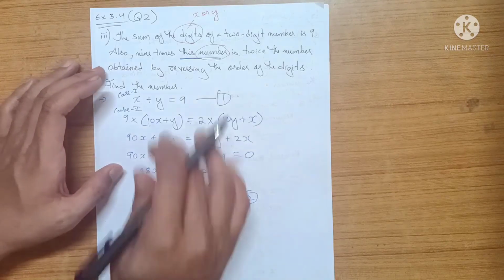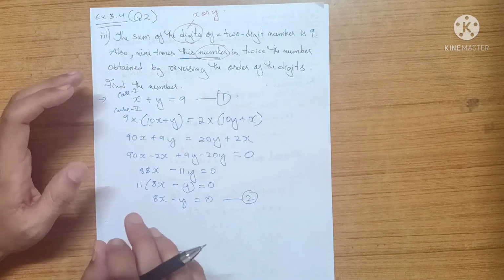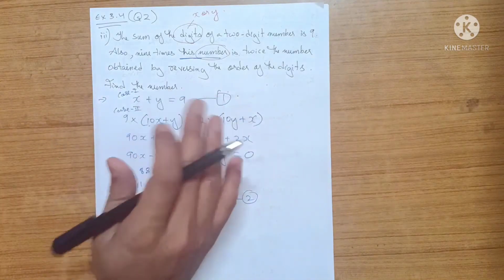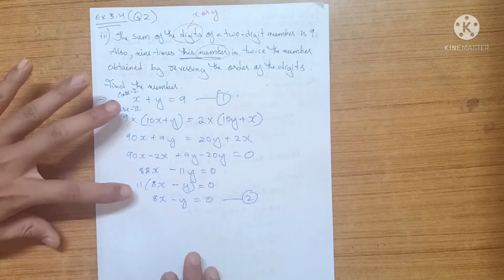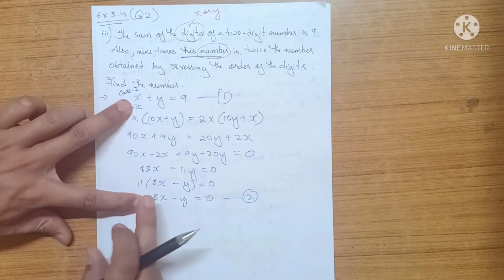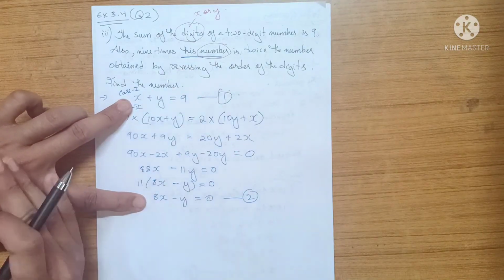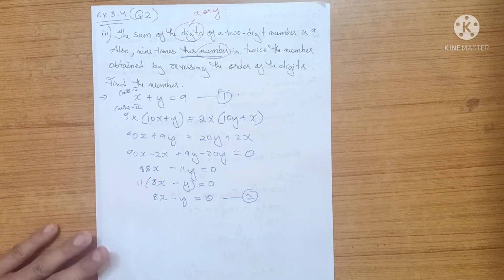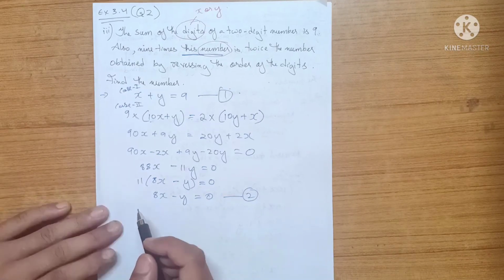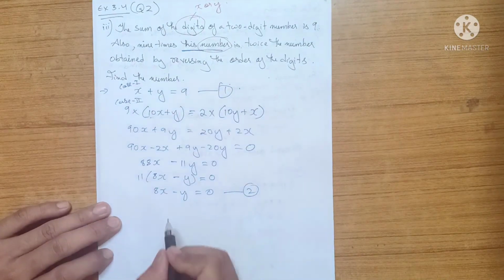You can add also. But the priority is that at least one variable should cancel out. So even if you add or subtract, if x and x are cancelling each other, then you're doing the right thing. But after adding or subtracting, if you're getting both x and y, then you're doing the wrong thing. That's the rule in the elimination method.